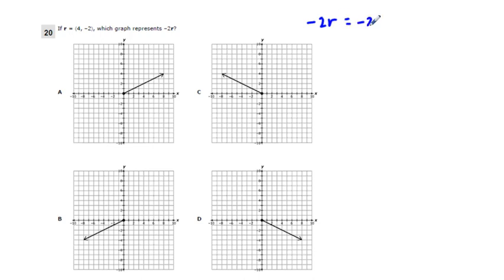And so all we have to do is look where we go 8 to the left and 4 up. That's going to be answer choice C. So that should be really quite easy, just multiplying this vector out.